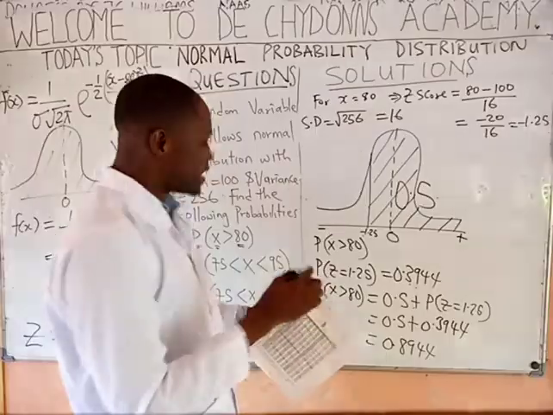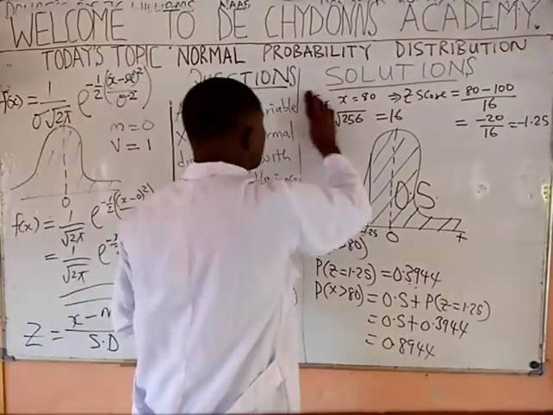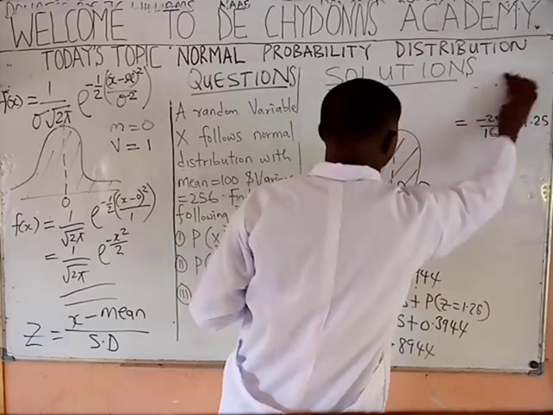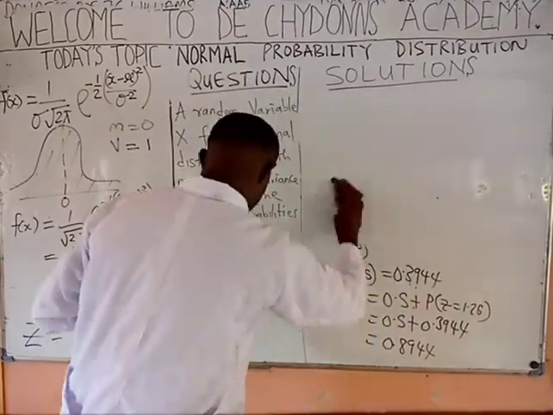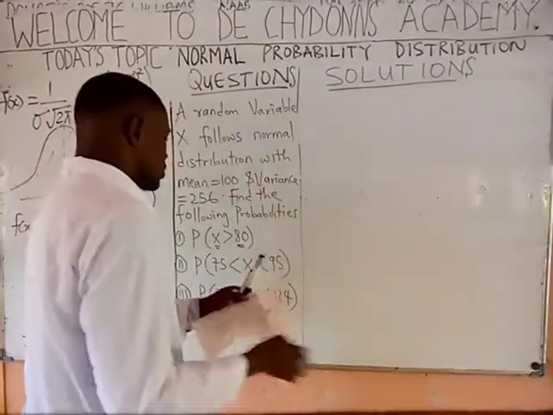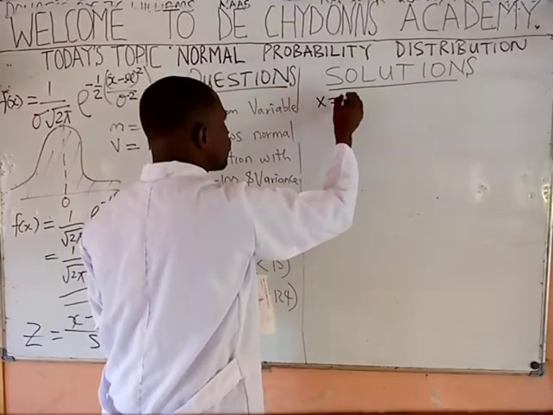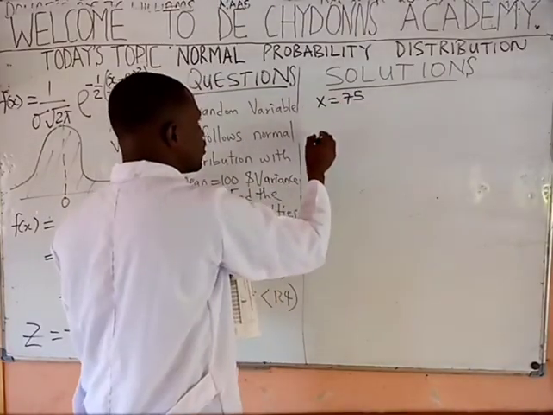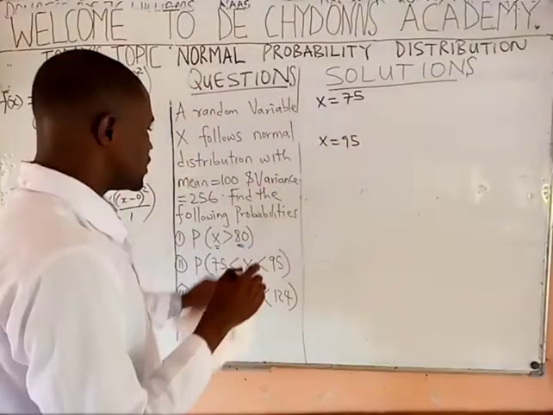Now let's go to the next question that says P such that X is greater than 75 and less than 95. The implication is that, when X is equal to 75 and also when X is equal to 95, let's get the z-score.